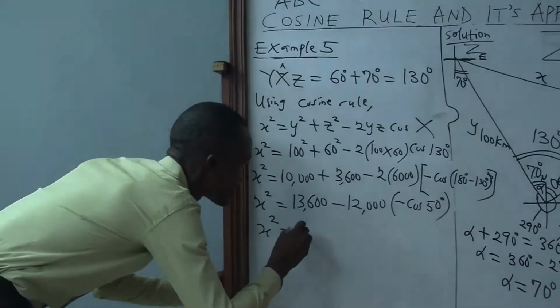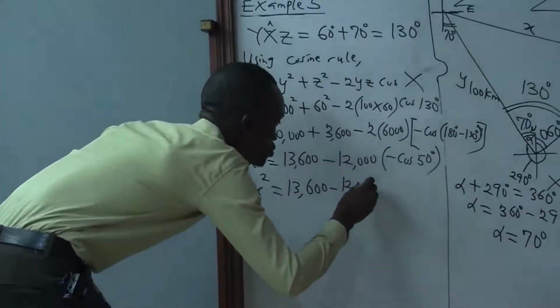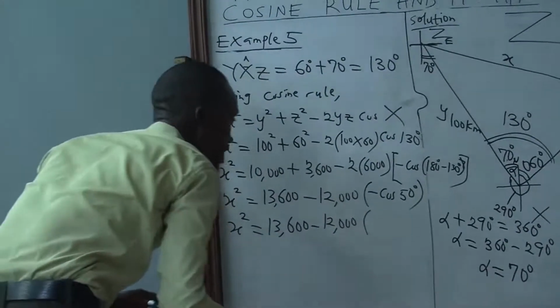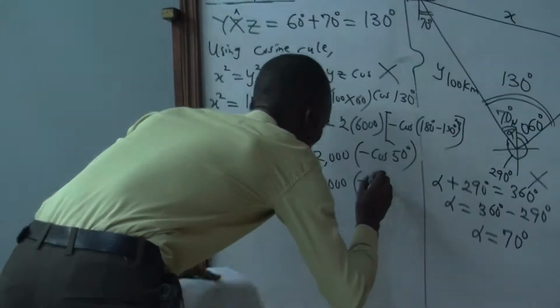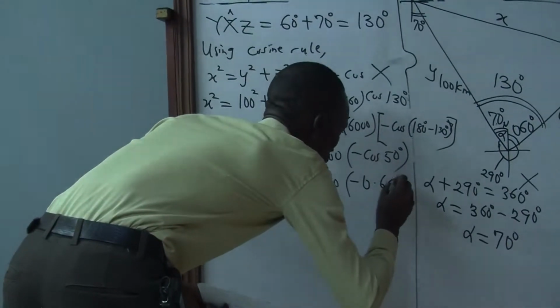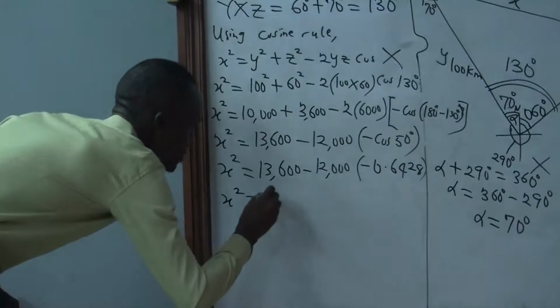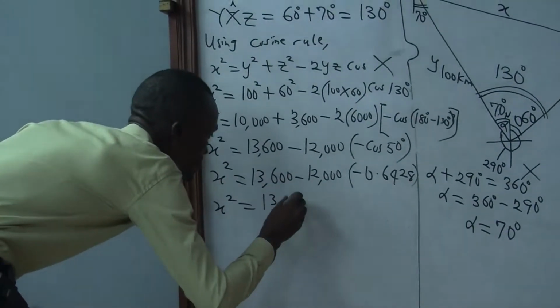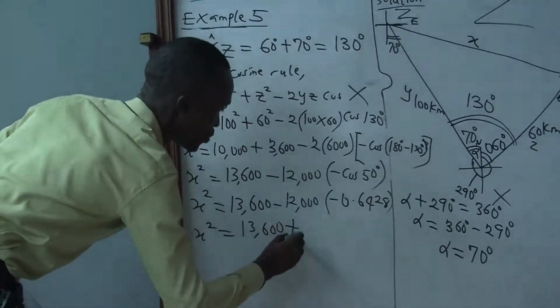And from there we have 13,600 minus 12,000 into, if you check our four figure table for cos 50, we have that as minus 0.6428. Then we have x squared to be 13,600 minus, multiplied by minus will give us plus.